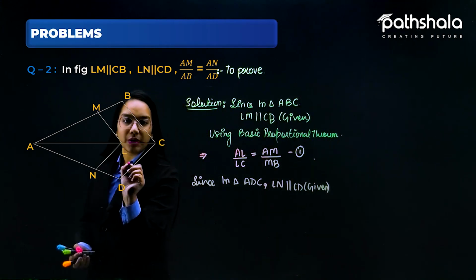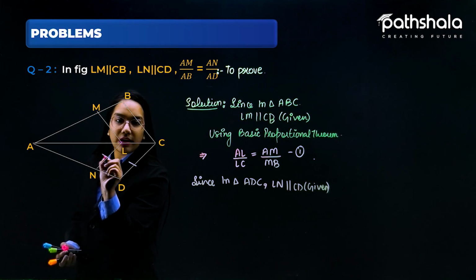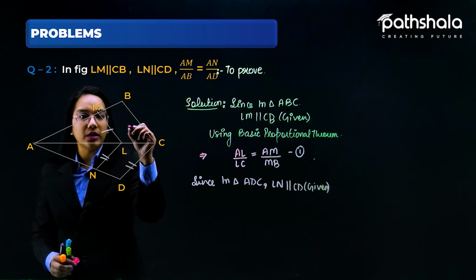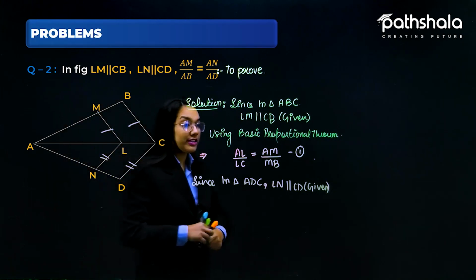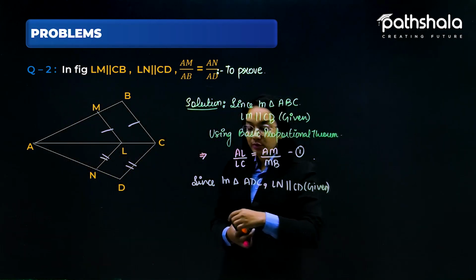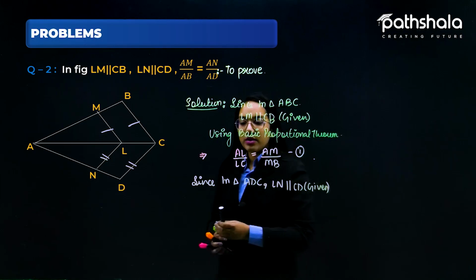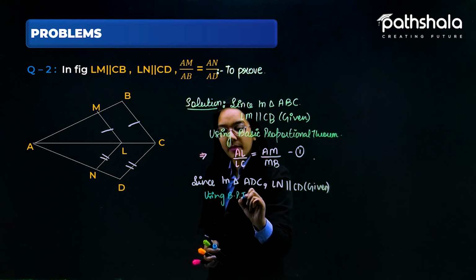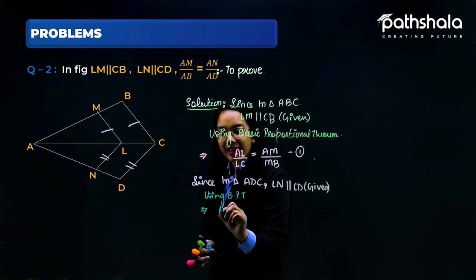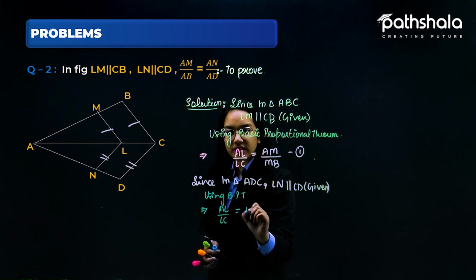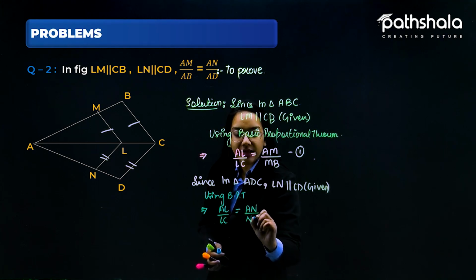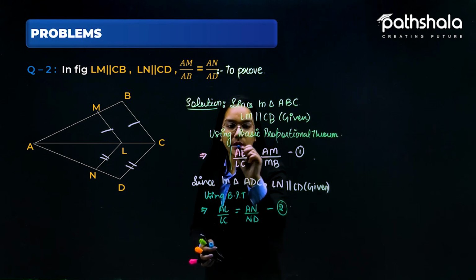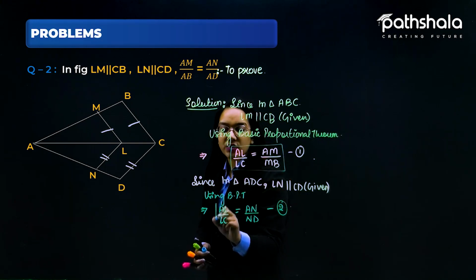So again, by using the basic proportionality theorem, it implies that AL by LC is equal to AN by ND. Let us call it equation number 2. Now this is my equation number 1, this is my equation number 2.